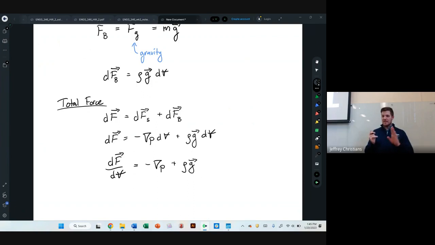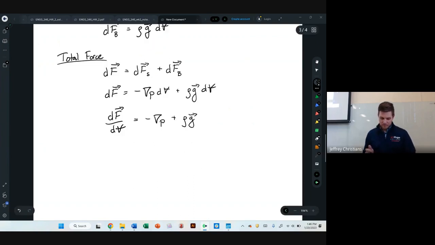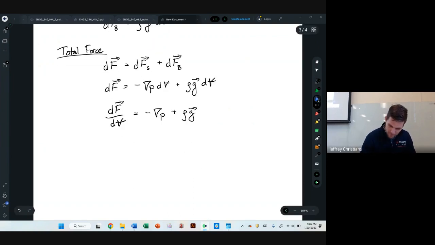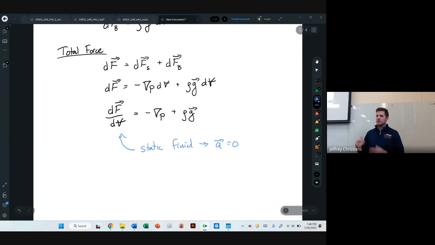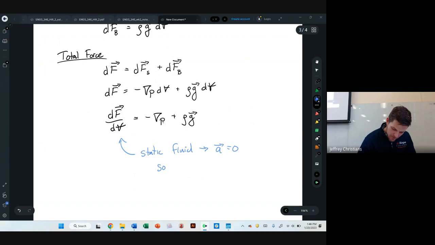If we have a static fluid, in a static fluid, there's no acceleration. So there's no force. F equals ma. So if there's no a, there's no F. So F is equal to 0.